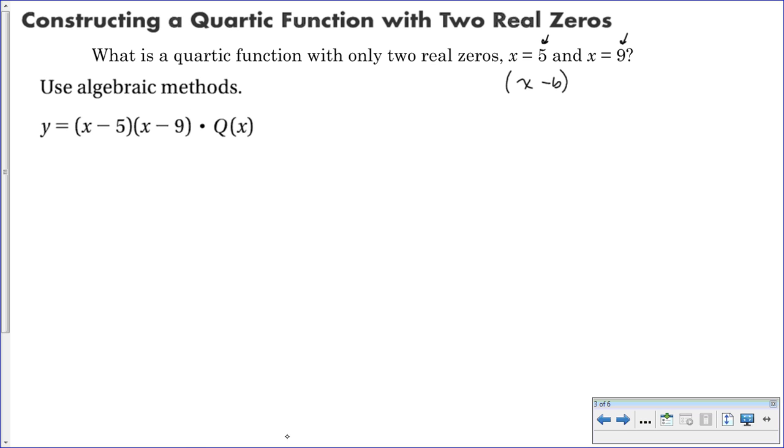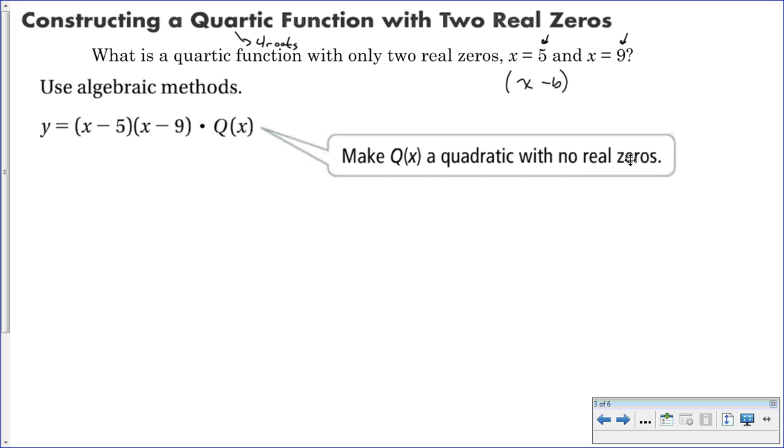Now, we know a quartic has four roots. So we're going to have to find another way to get two other roots here that aren't real zeros. Well, the easiest way to do that is multiply by q of x and make sure q of x has no real zeros. So make q of x a quadratic with no real zeros.